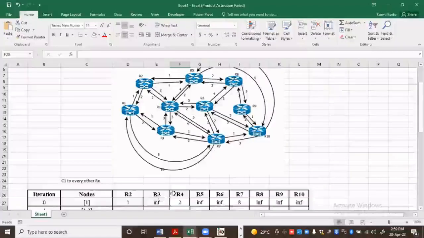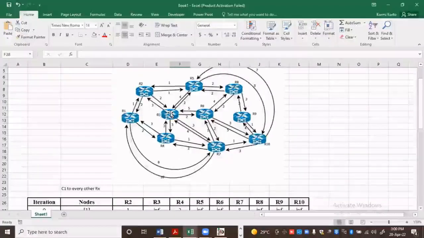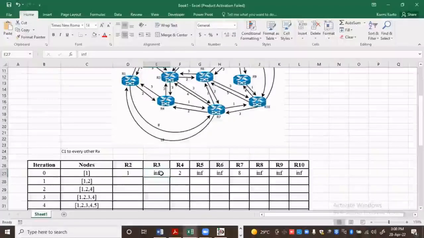Router 3, there's no direct cable. We have to go through router 2 to get to 3, so it becomes infinite based on Dijkstra's algorithm concept. Go back to your slides indicated over there. Anyway, it's only 3 routers that we can actually forward packets to. The rest are going to be infinite because we can't directly forward packets to them yet.